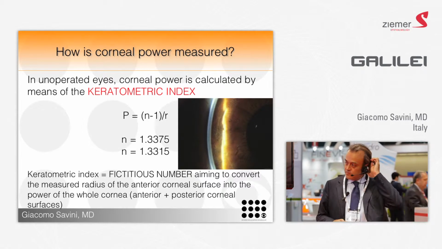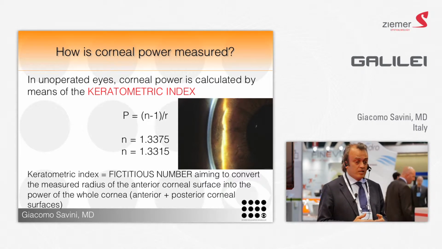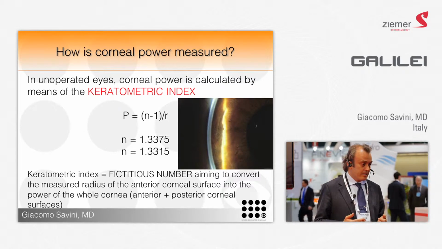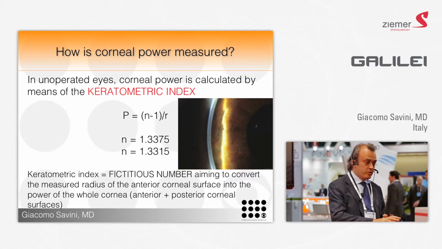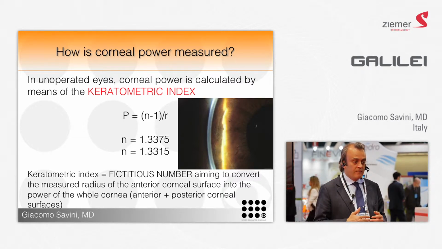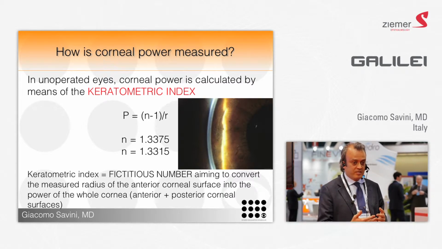But this index does not correspond to any refractive index. It's a fictitious number. It's very useful because from the anterior curvature you can get a kind of measurement of the power of the whole cornea, not just the anterior one.